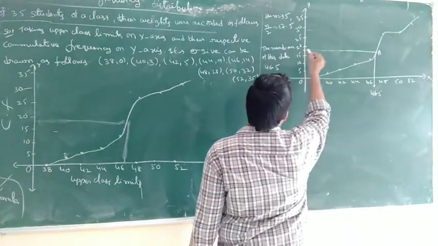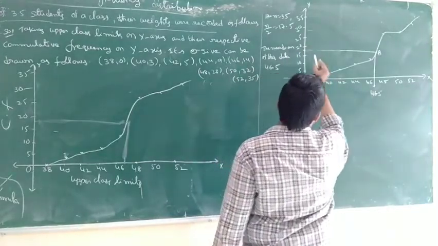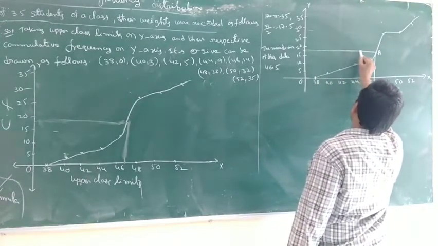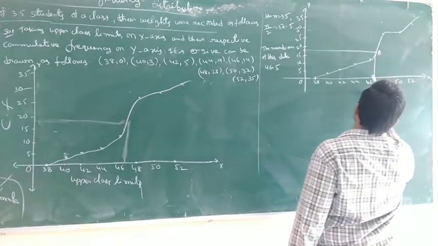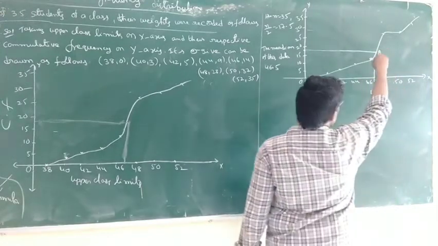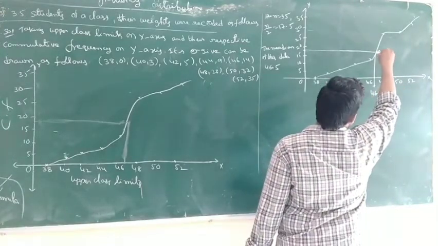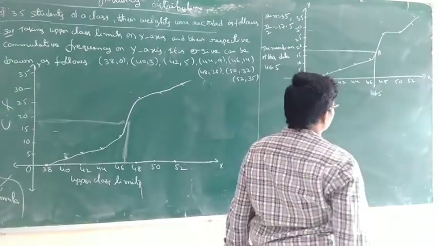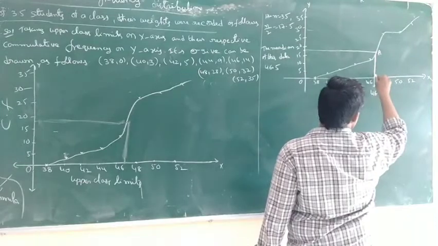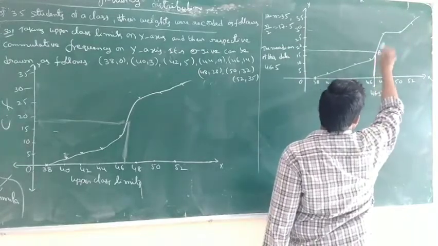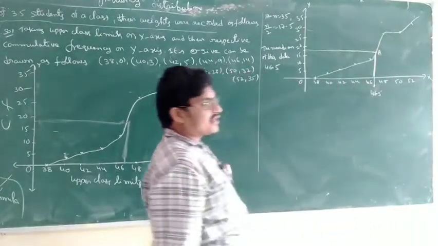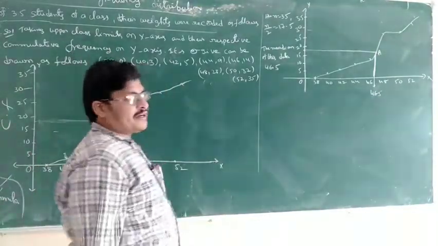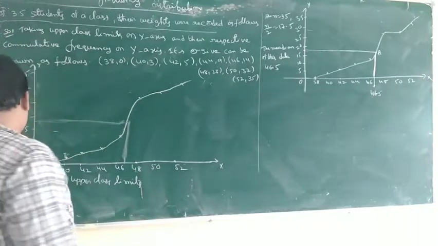So for 17.5, between 15 and 20, the corresponding value is 46. So the median is 46.5. This is the graph. From the graph, we found the median. The second part is completed.